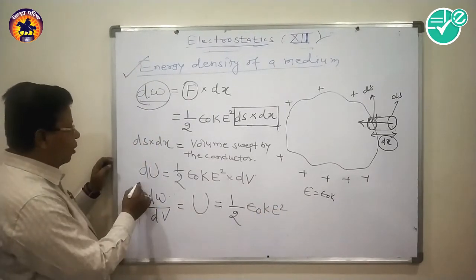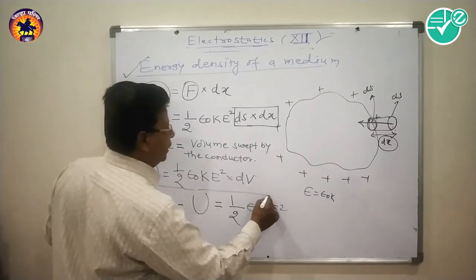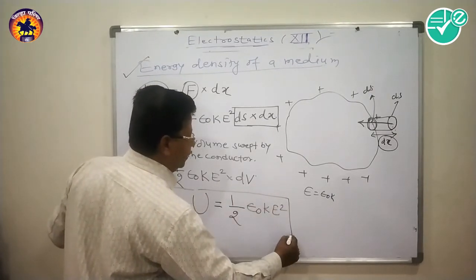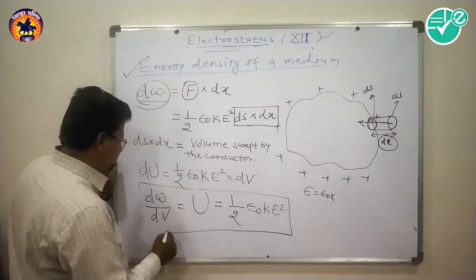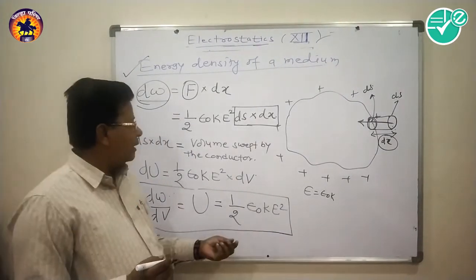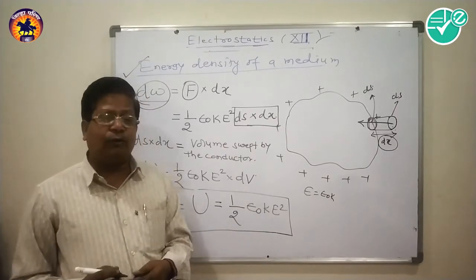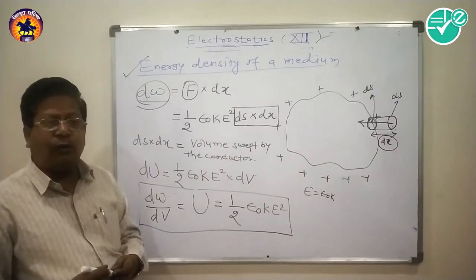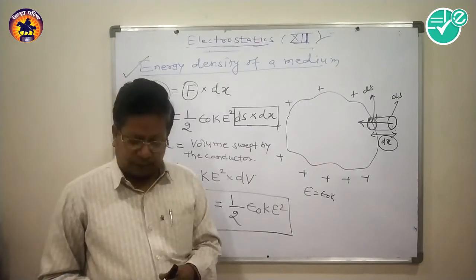So the force acting on unit area of a charged conductor and the expression for energy density have the same value, which is equal to half epsilon 0 K E square.